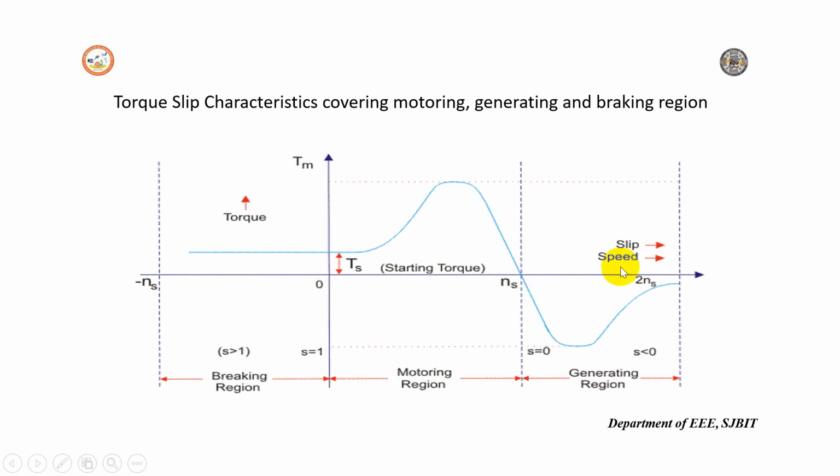To run the induction machine as a generator, this is the region where slip should be less than 0, that is, slip should be negative. The negative slip indicates that the rotor is running at a speed above the synchronous speed. Now how do we bring the induction motor to run above the synchronous speed?